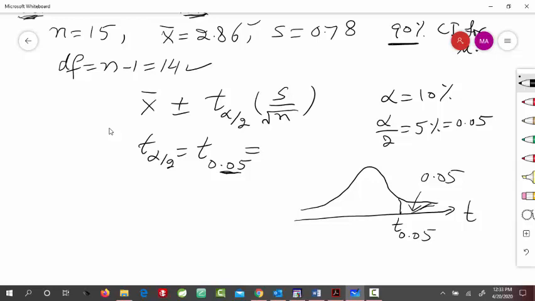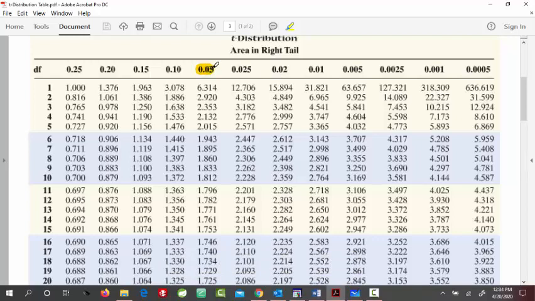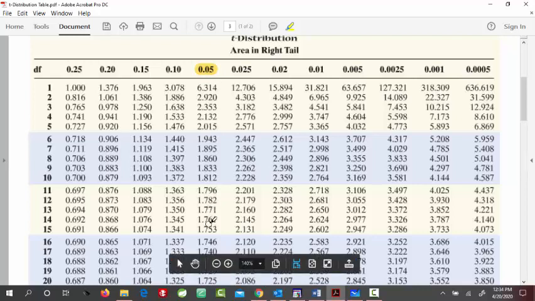Now we can read this value from the table. This is a t distribution table, and our area was 0.05 in the right tail, so our value would be in this column. Then we have to choose the value corresponding to the degrees of freedom 14.